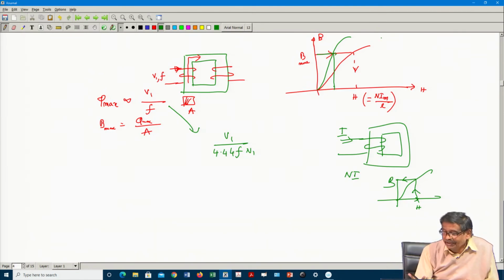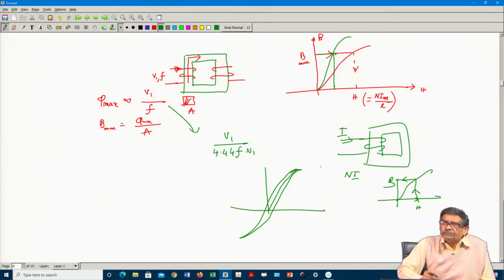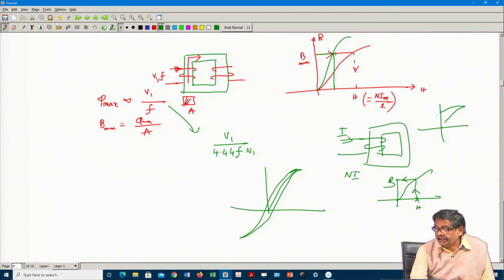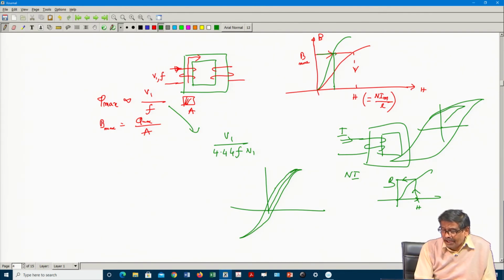Okay, in a transformer, the area under the BH loop is very little, to reduce the hysteresis loss. If somebody has designed a transformer with a very big BH loop, it is a very bad transformer, because the hysteresis loss will be higher.